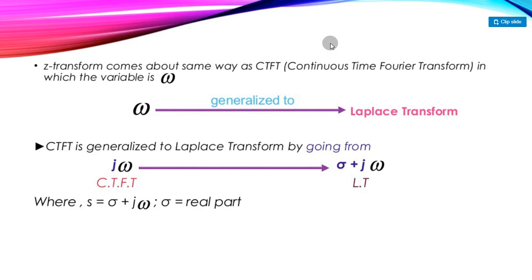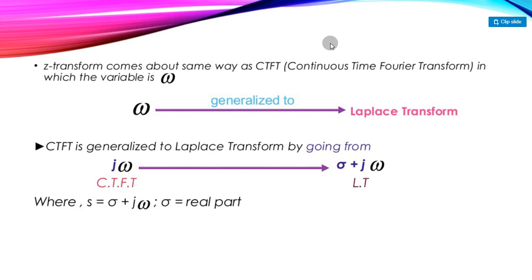This s is sigma plus j omega, which I have already described in the previous slide, where sigma is the real part of the signal and j omega is the imaginary part. So these are the basic differences. Another thing is that the continuous time Fourier transform is generalized to the Laplace transform by going from j omega to sigma plus j omega, and that is a very important point we are going to discuss.